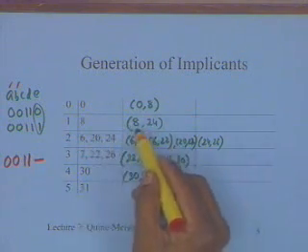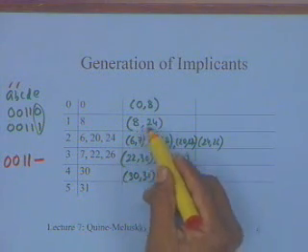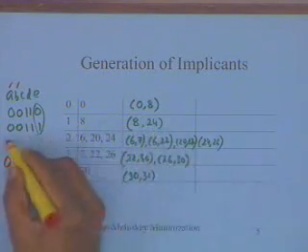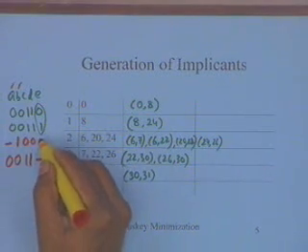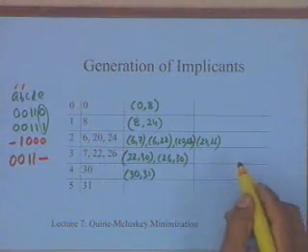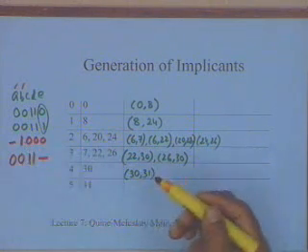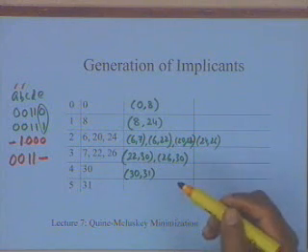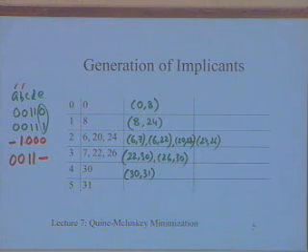And if you consider this, what does 8 and 24 mean? 8 and 24 means I eliminated the variable: dash, 1, 0, 0, 0. So obviously you can see that the number of ones that need to be changed from here to here is much larger. So one would not be able to combine them.